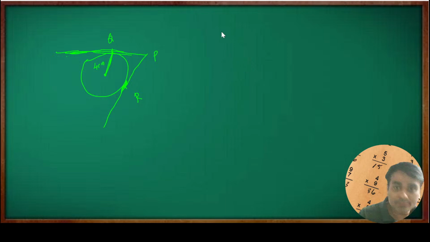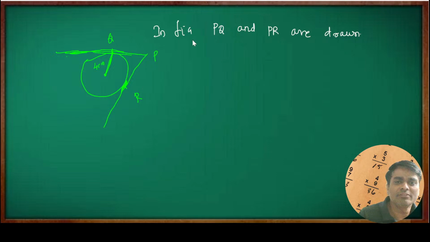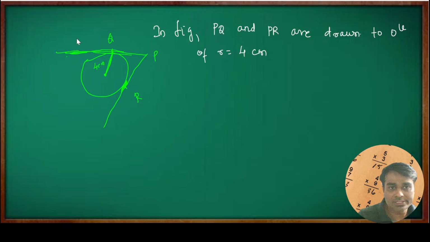Two tangents PQ and PR are drawn. In figure, PQ and PR are drawn. These are the tangents drawn to a circle of radius 4 centimeter. This we can see in the figure.